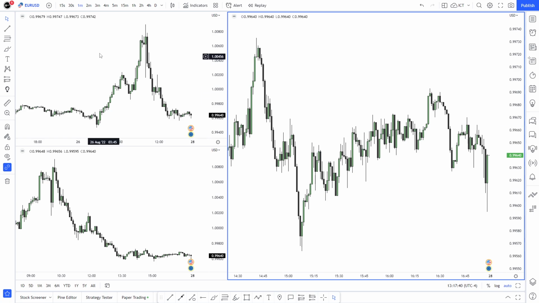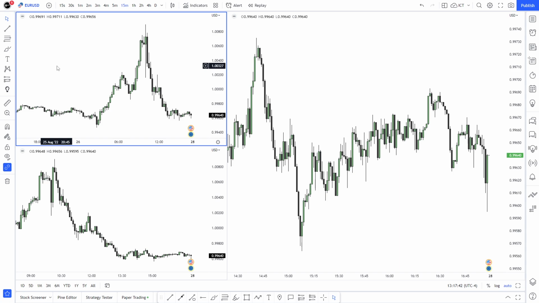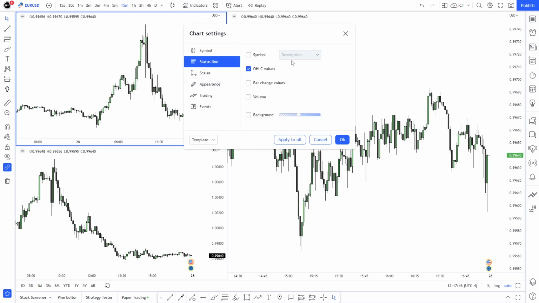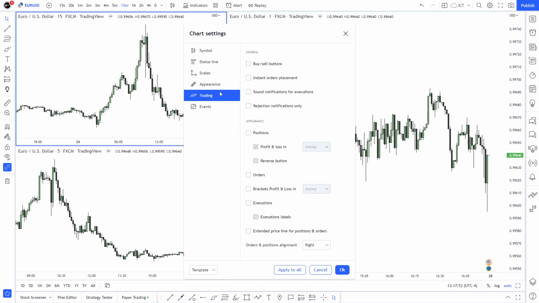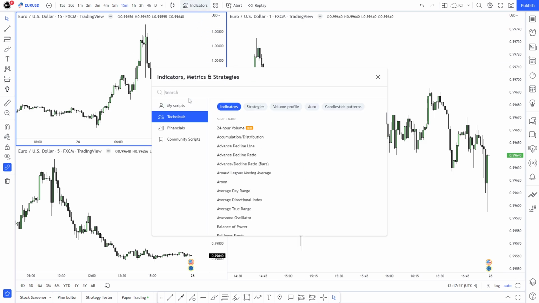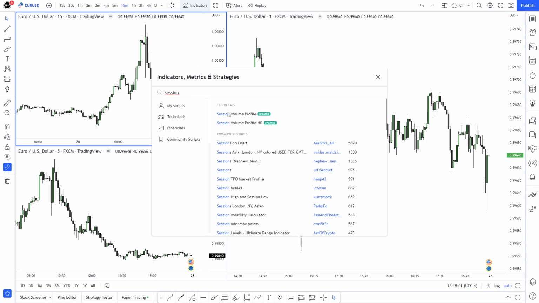And second of all, as an example, what I did in the past was... Oh, actually, I think I messed this up. Hold on. Okay, I don't know why I didn't have that. And I don't even have the indicators. Well, in the meantime, I can show how it looked in my indicator. Sessions on chart.